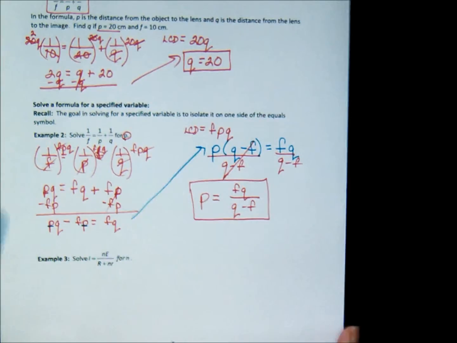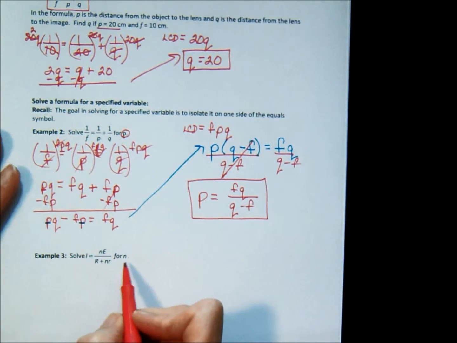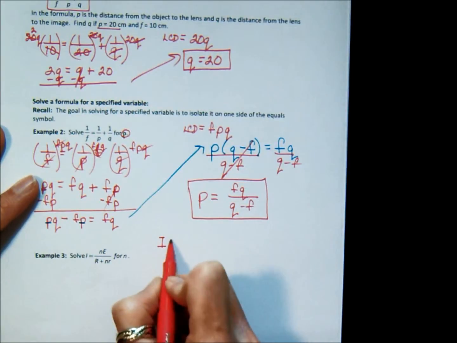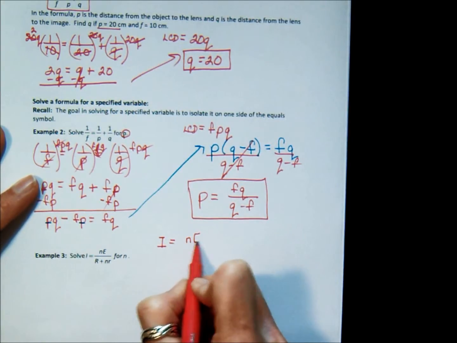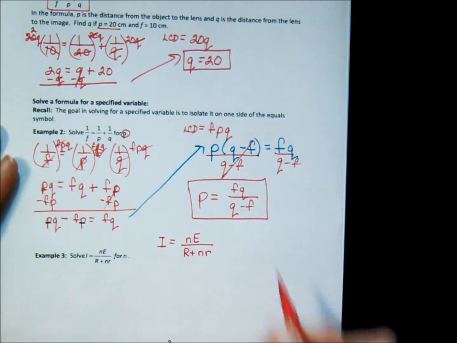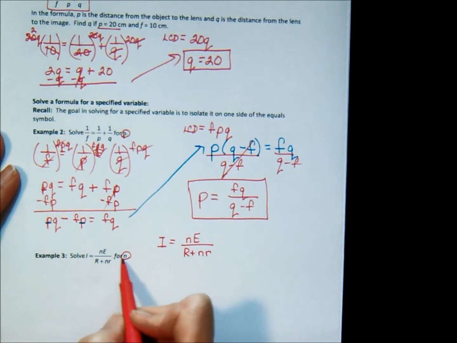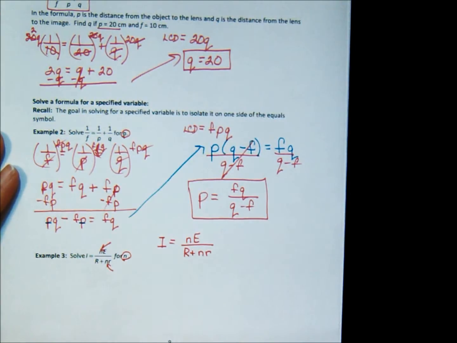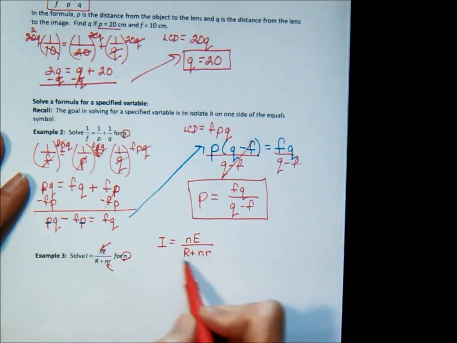All right, let's look at example 3. Here I want to solve for n, and what I have is I equals n e over r plus nr. Now I'm looking for n, and you can see it occurs 2 places, once here and once here. But I've got to get rid of this denominator first.